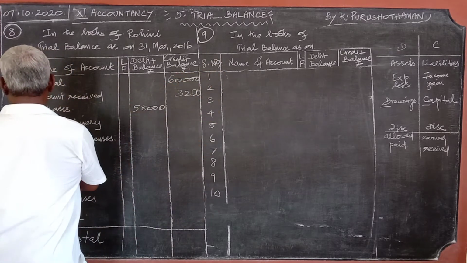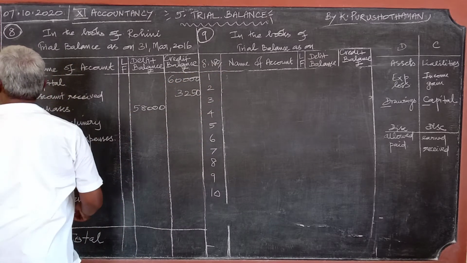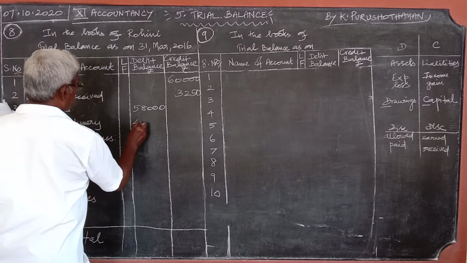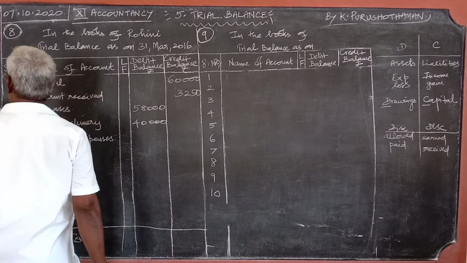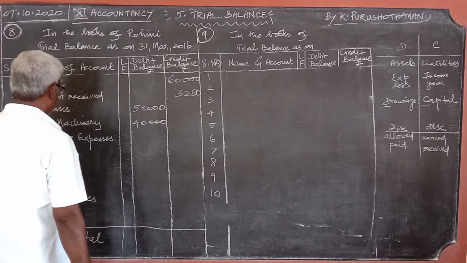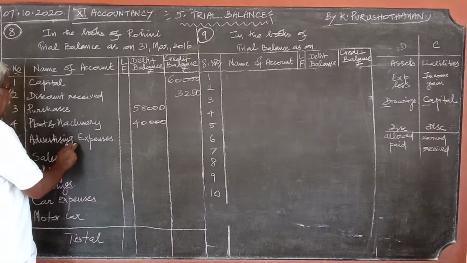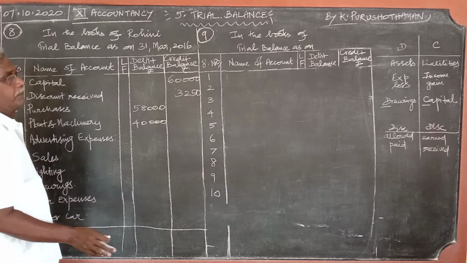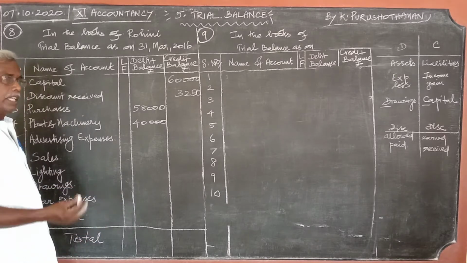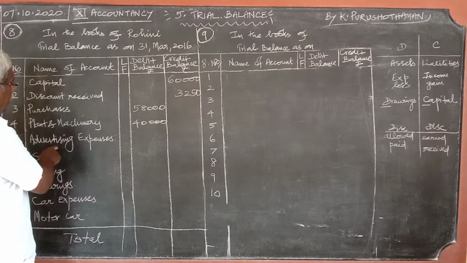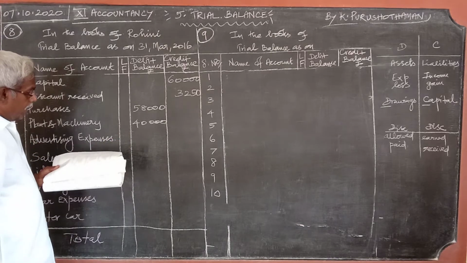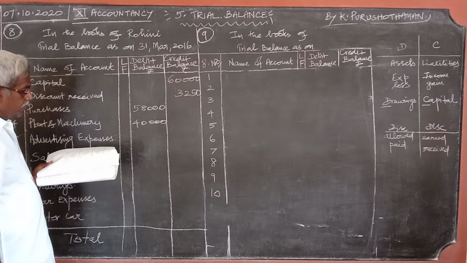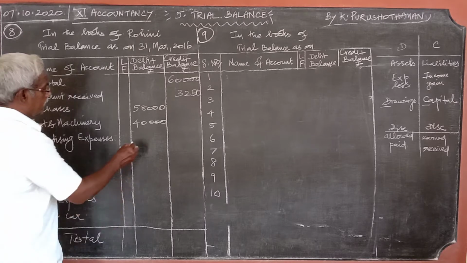Therefore, on the debit, plant and machinery 40,000. Advertising expenses. If it is simply given advertising, it is expenses only. Advertising means it is an expense. Besides that, they have given here expenses. Therefore, expenses debit. Advertising expenses 5,000.